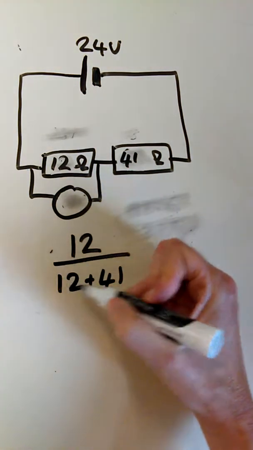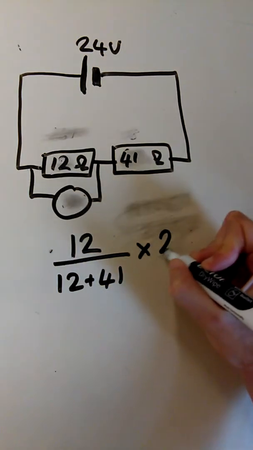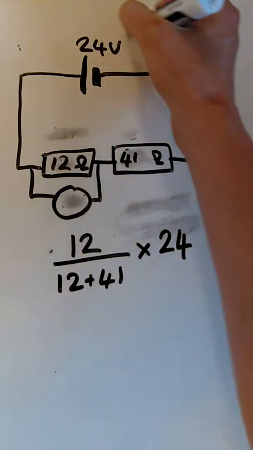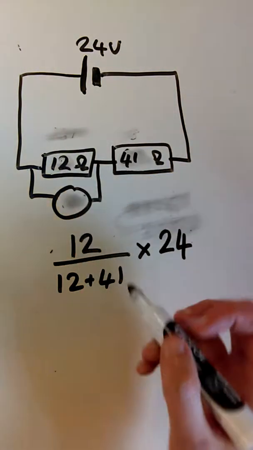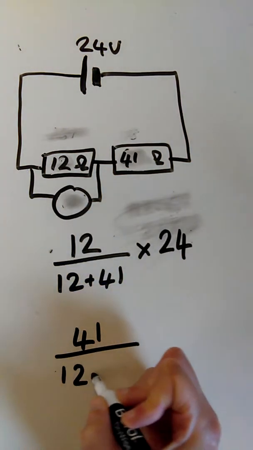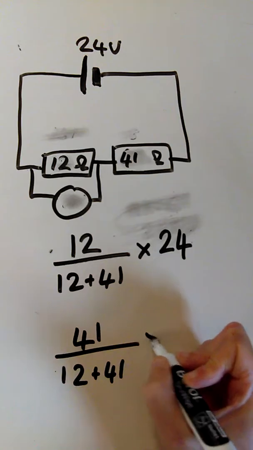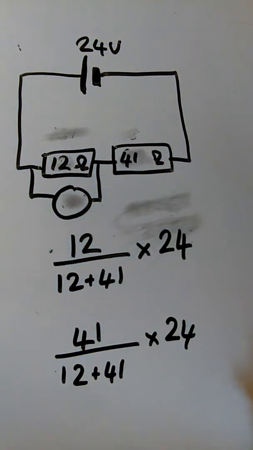So that's finding the fraction that the 12 is of the total, and then multiply that by 24, the EMF, or the volts that you've got to divide up. So that would tell you over the 12, and obviously over the 41, you do 41 over 12 plus 41, and times 24 for that one. And so there is a way of working it out.